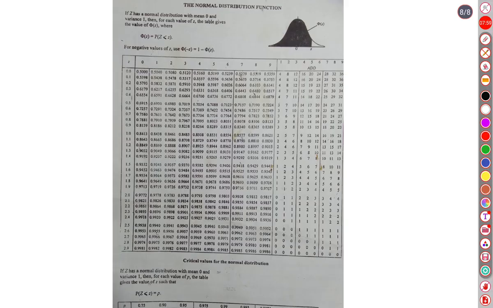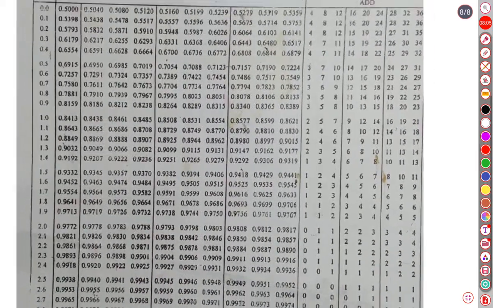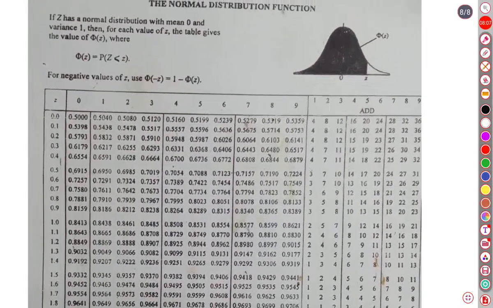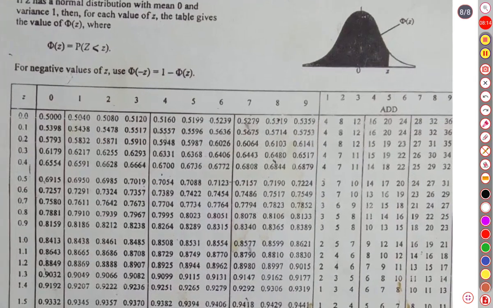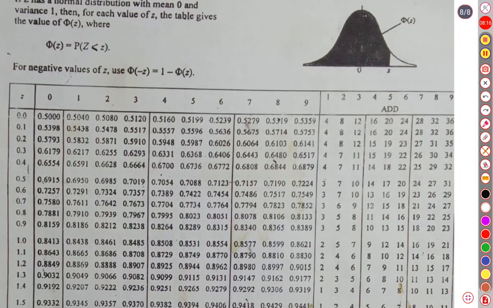Our z-score was 1.2. Let's see where 1.2 is given, meaning 1.20. Let me mark with red ink. 1.2 is over here, look, 1.2 and 0. So the row is 1.2, the column is 0.